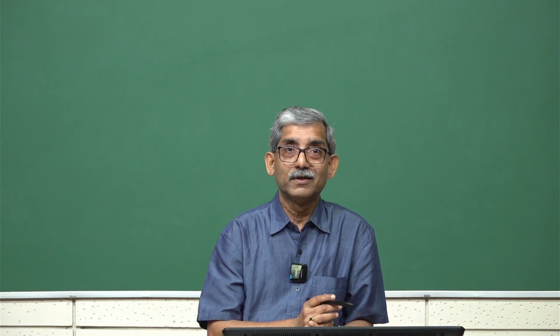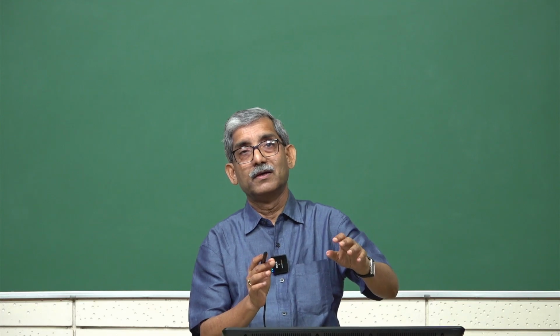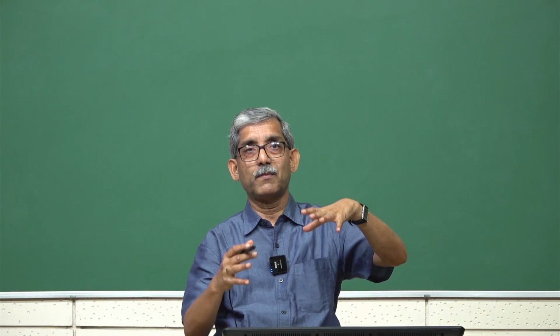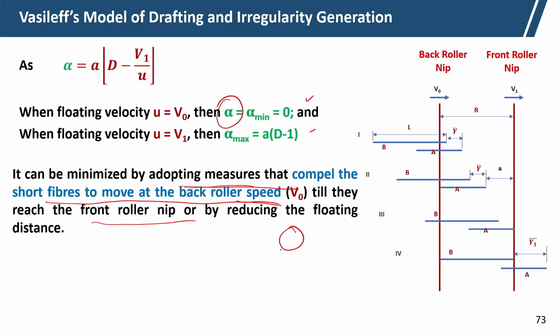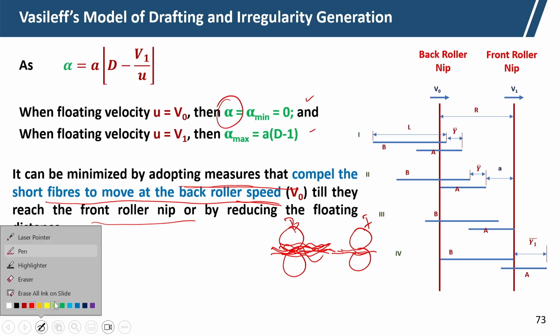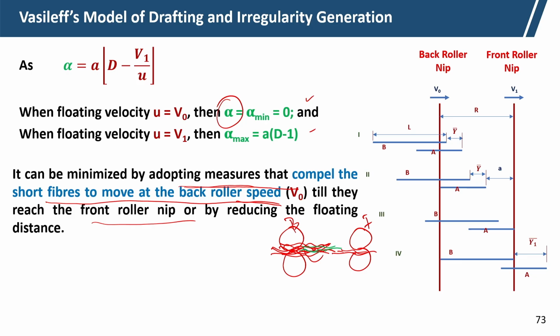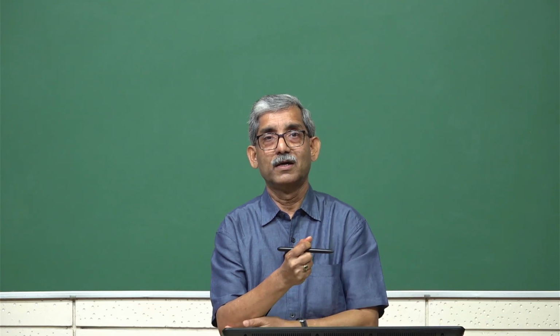So, how to do it? In the draw frame, to some extent it is controlled, because in the draw frame the advantage is that we have a certain draft, with a back roller and a front roller. In the back roller, a larger number of fibers are there than at the front roller. So, the floating fibers will be pulled back by the back roller due to the large number of fibers under its control.